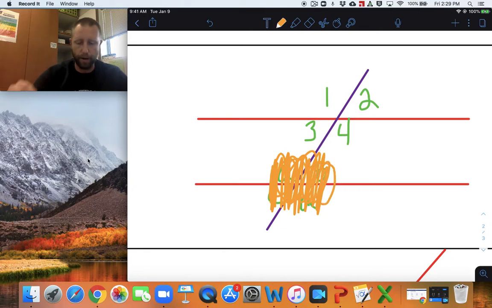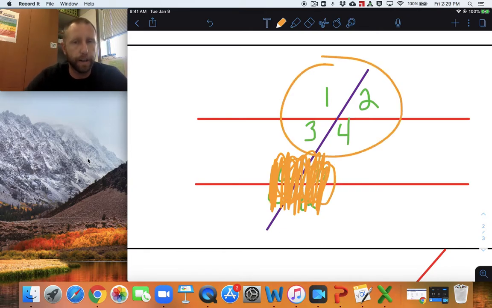All right, now when you just focus on this intersection here, we could describe each one of those angles as being in a specific position. So for instance, angle 1 we could say is in the upper left position. Angle 2 is in the upper right position. Angle 3 is in the bottom left position, and angle 4 is in the bottom right position, right?